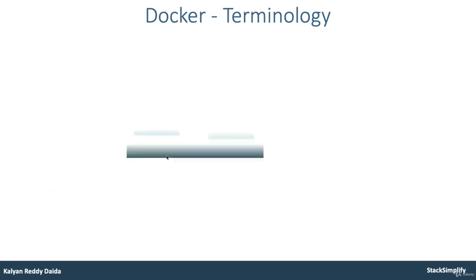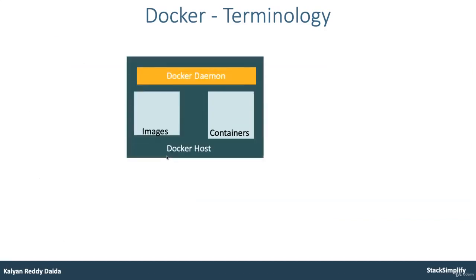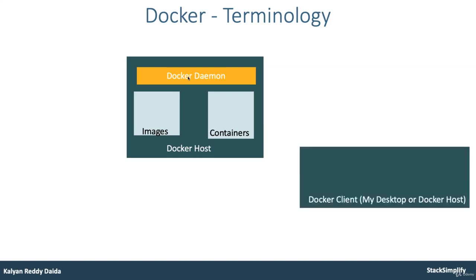So we have a Docker host, and on the Docker host we have the Docker daemon. If you want to pull an image and run it as a container, what's the process going to be? Let's go ahead and see that now. The Docker client can be my desktop or even the Docker host. The Docker client is nothing but the docker command.